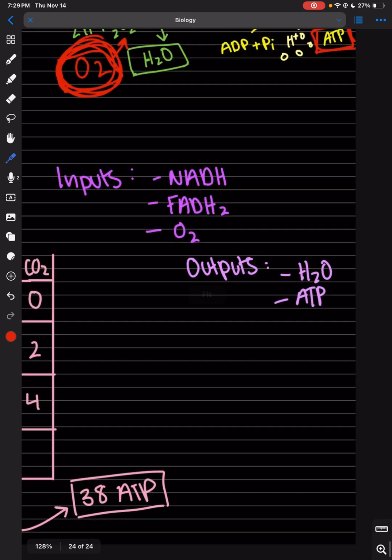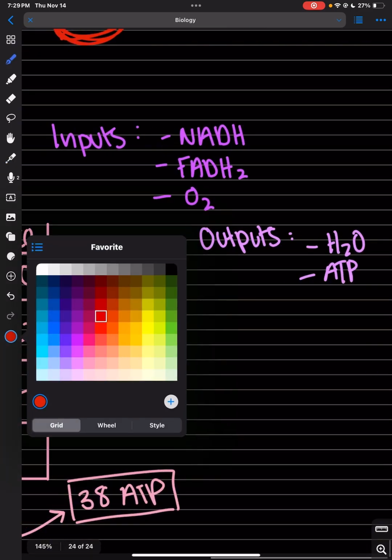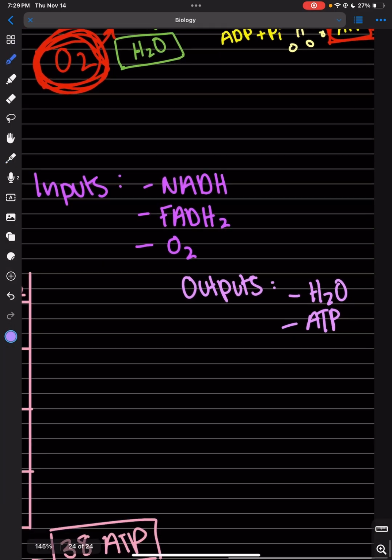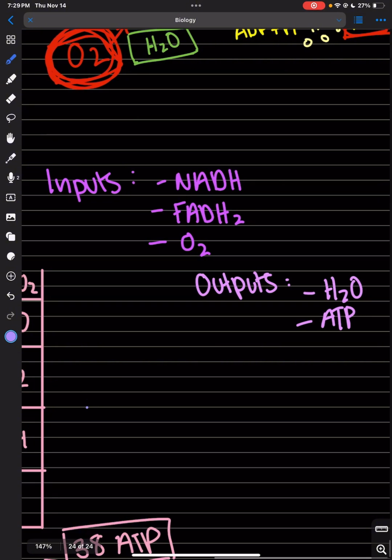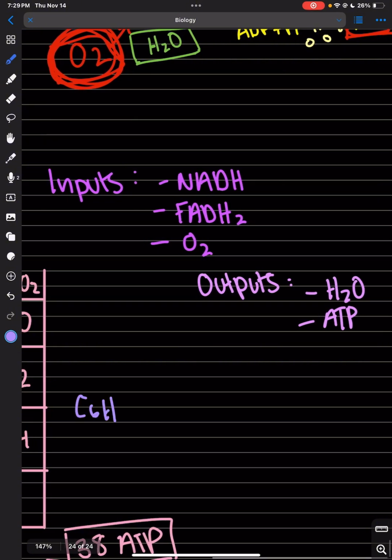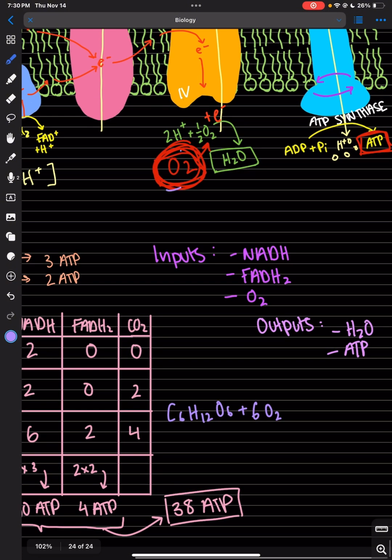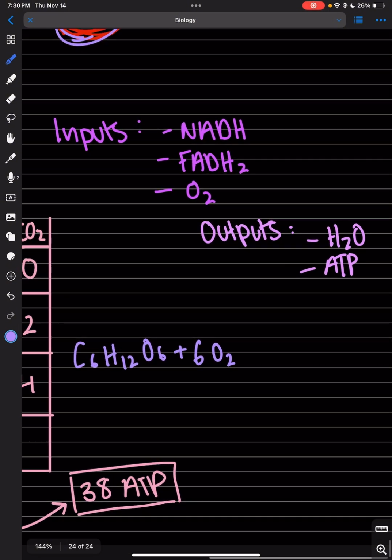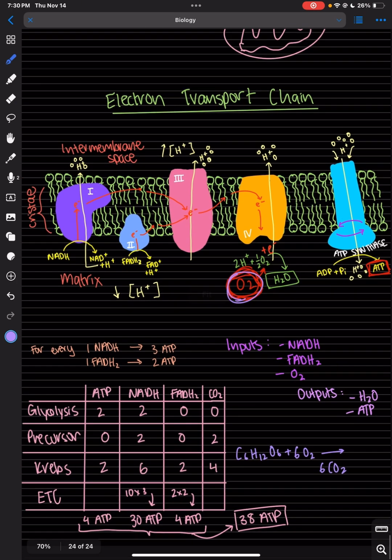So in total, after cellular respiration happens, the equation for cellular respiration is C6H12O6 plus, remember, because we had to add 6 oxygen atoms, 6 O2, yields 6 CO2, 6 carbon dioxide, correct?